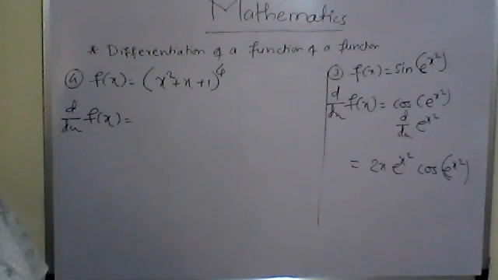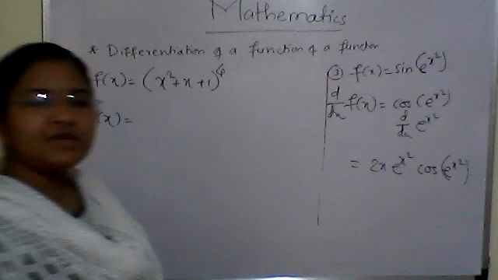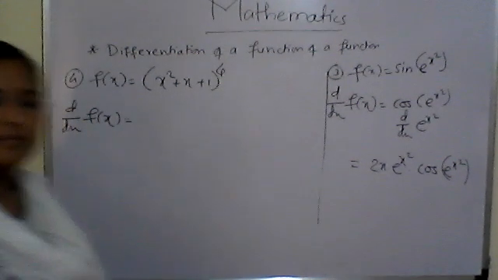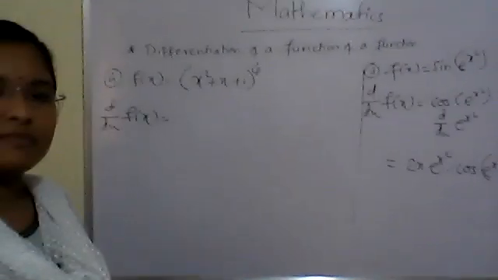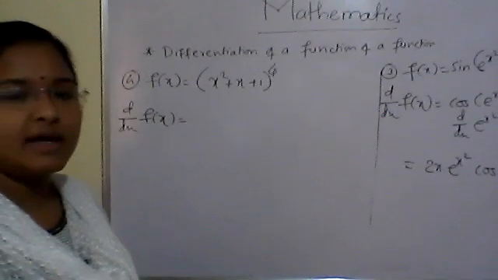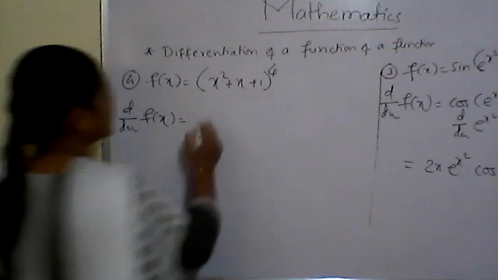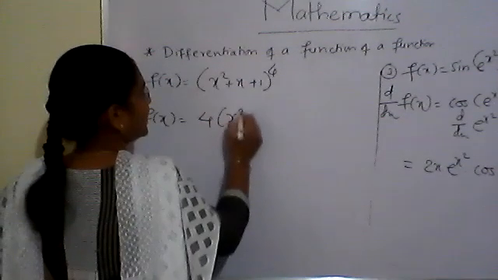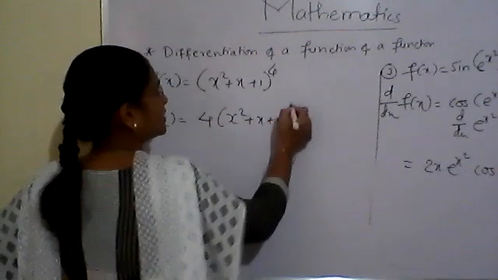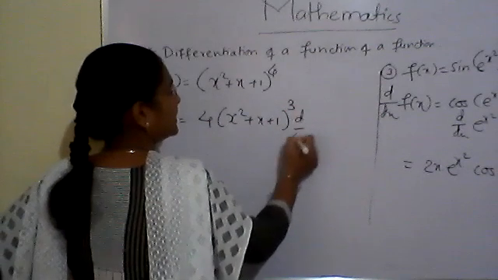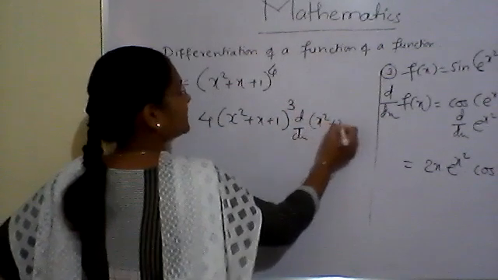Ajinkya, what is the derivative of x raised to n? n into x raised to n minus 1. So can we apply this here? 4 into x square plus x plus 1 to the power 3 into the derivative of x square plus x plus 1.